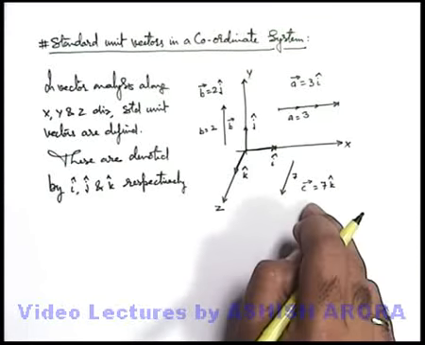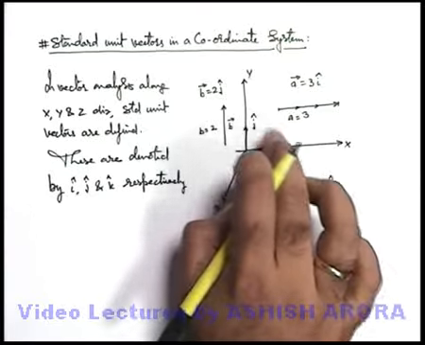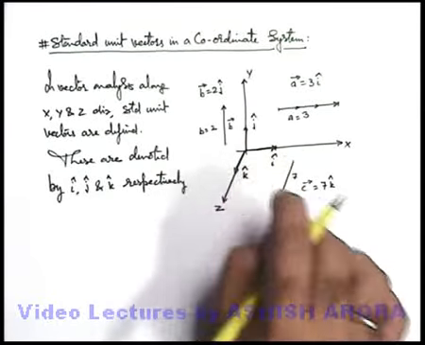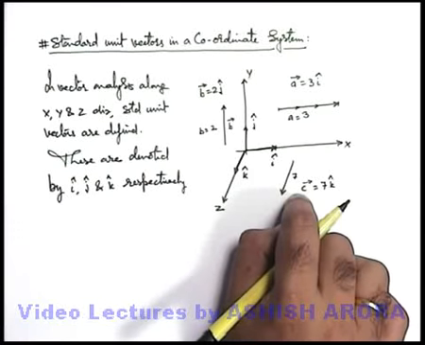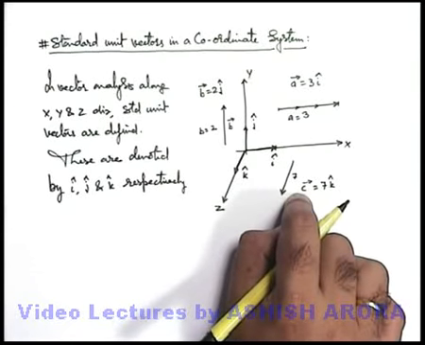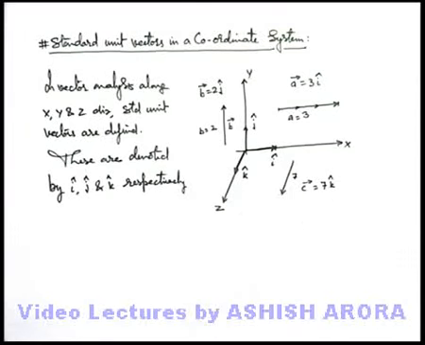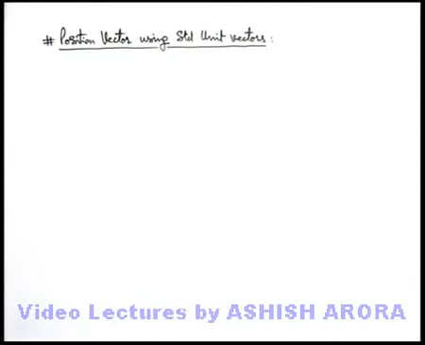This is how we define the standard unit vectors i cap, j cap and k cap, and they are directly used to find the vector notation or mathematical expression of vectors along the x, y and z directions.